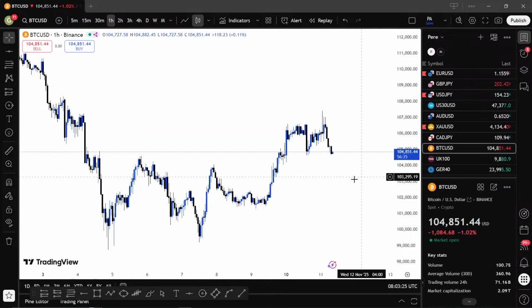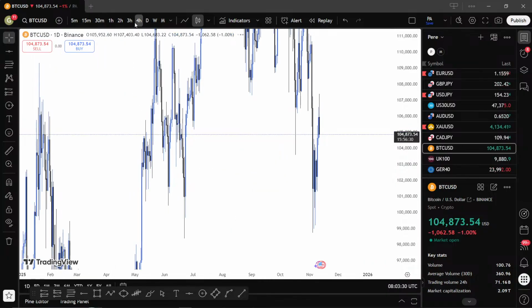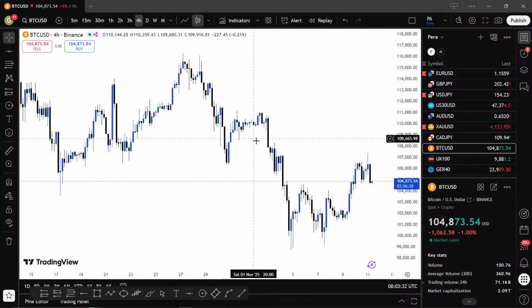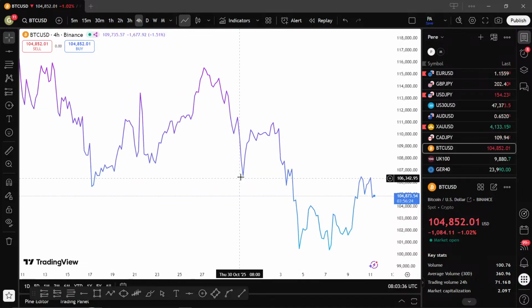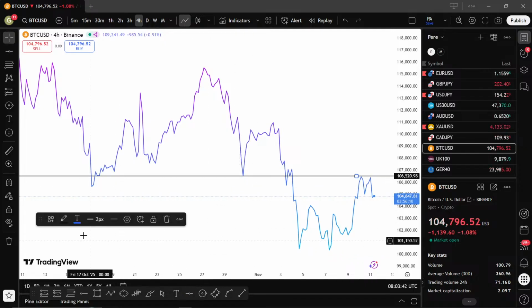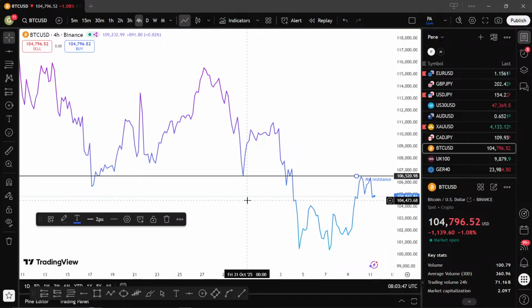BTC. Selling off a 4-hour resistance. That is the 4-hour resistance.